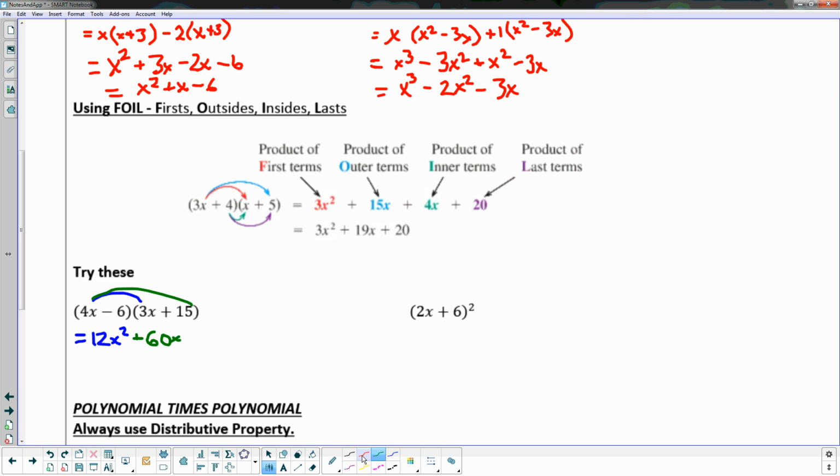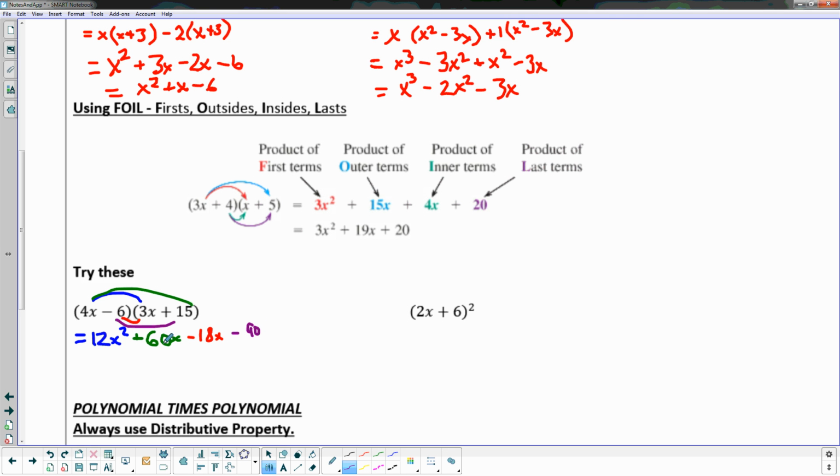For my insides, I have negative 6 times 3x. That's what I wanted to fix. So that's going to be negative 18x. And then for my last, I have negative 6 times positive 15, which is negative 90.